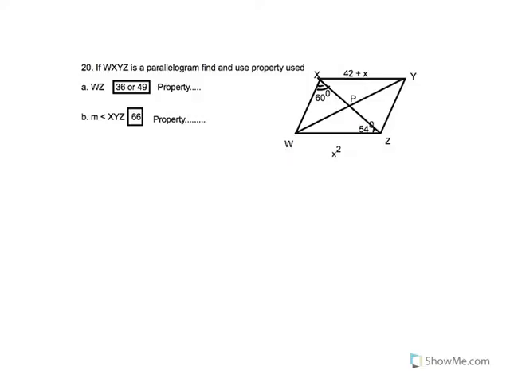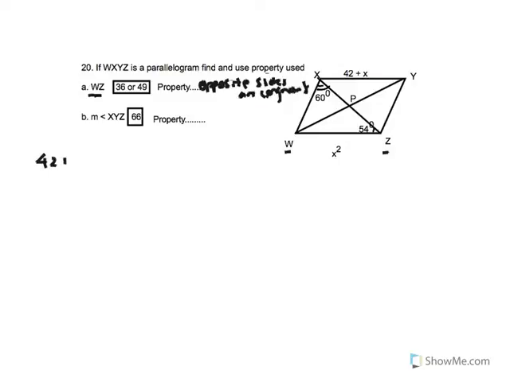Next, it says if WXYZ is a parallelogram, find WZ and state the property used. So first, we know it asks us for WZ. WZ is a side. It's this side right here. So we know that we are talking about sides and that opposite sides are congruent will be the property that we talk about.